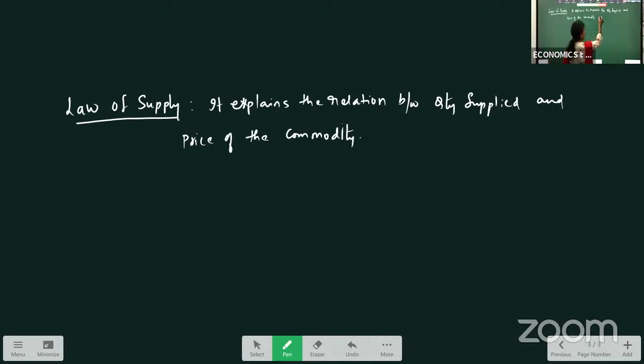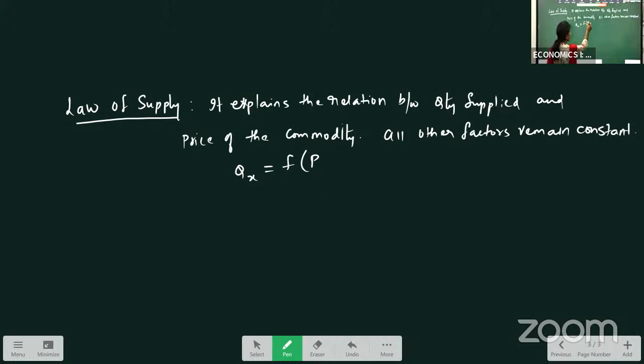So all other factors remain constant. This is called the law of supply. Same like our law of demand, right? So what does the law of supply explain? It explains the relation between quantity supplied and price of the commodity, all other factors remaining constant. So quantity of X is a functional relation of price of the commodity. This is your law of supply.